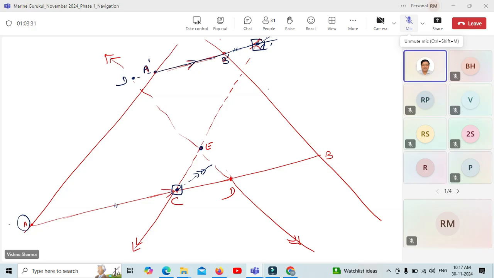If you end up with this situation, what situation? Situation where after getting E, and if you now plot the current through C, the direction of the current is not going and meeting the third PL transferred.